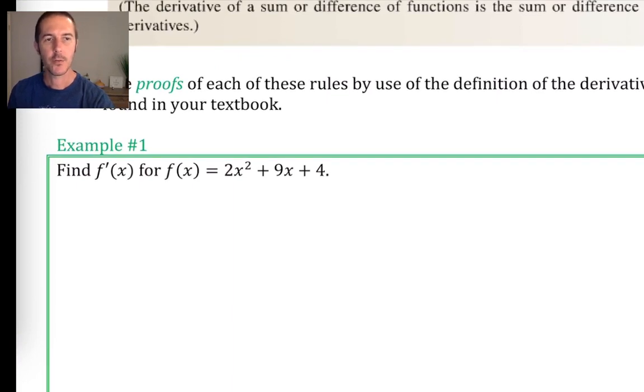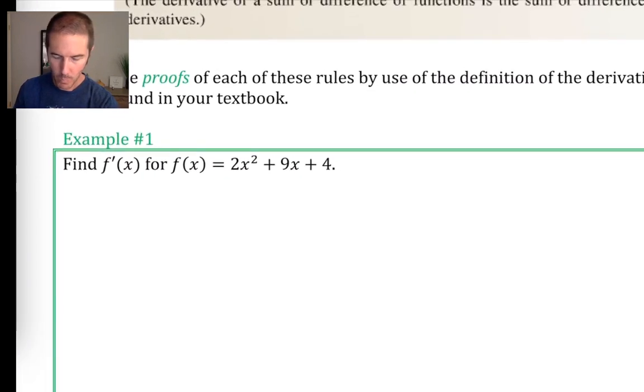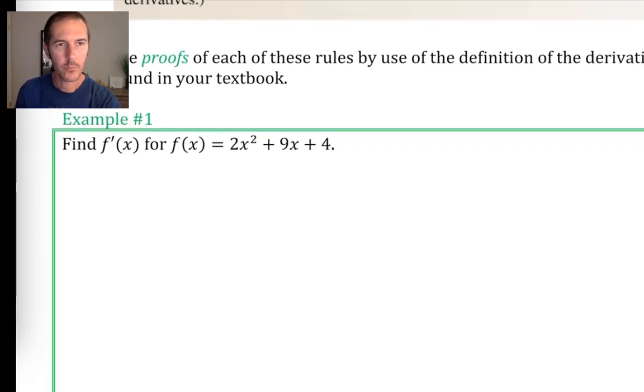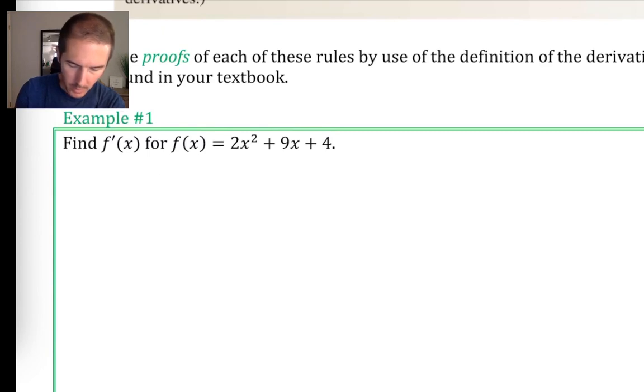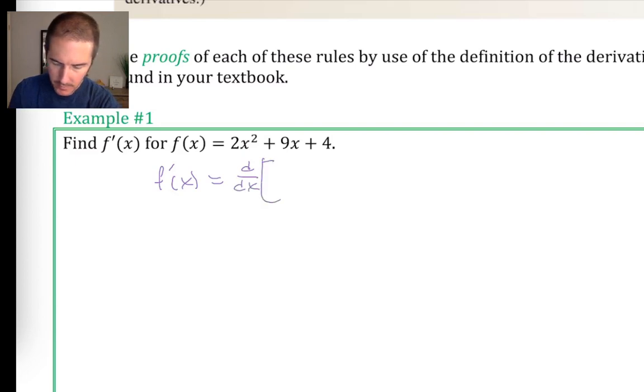So let me illustrate those things for you in this example. F prime of x, so the derivative, is equal to, I'm even going to write it using d over dx of this entire statement, 2x squared plus 9x plus 4. Okay, so first I'm going to distribute this derivative over addition.